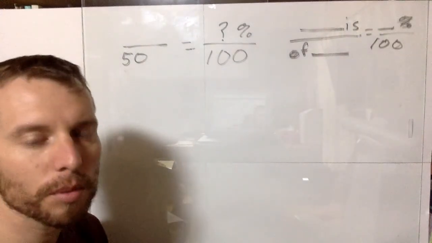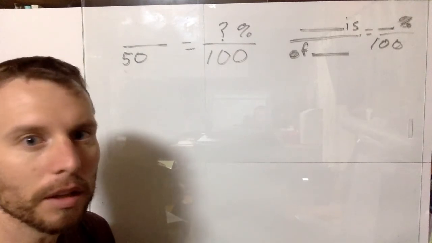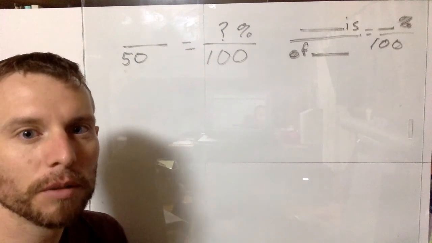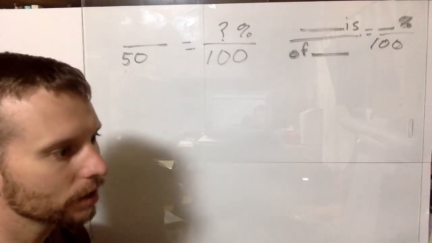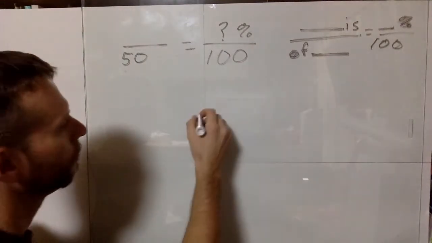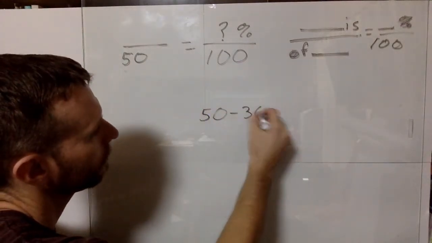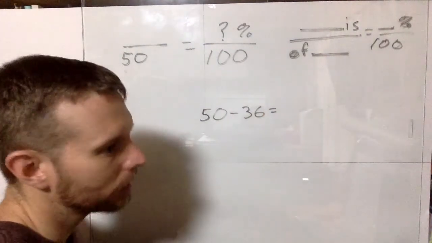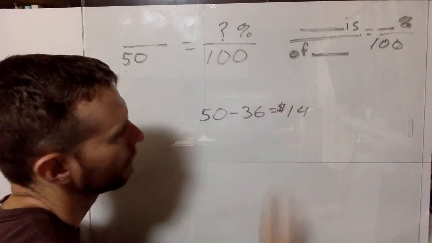We want to know the percent decrease. Okay, so the new price is $36. If we want to know the percent decrease, there's a few ways to do this, but the way that I like to do is, well, if the original price was 50 and the new price was 36, it went down by $14.